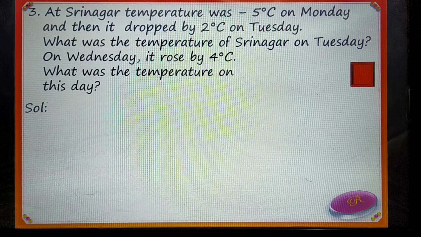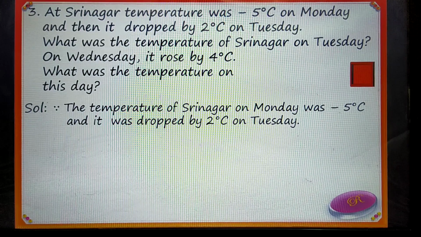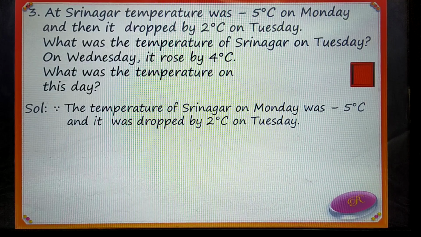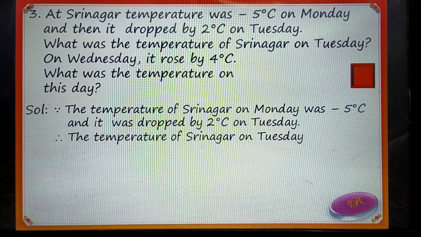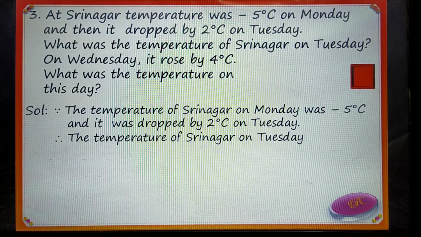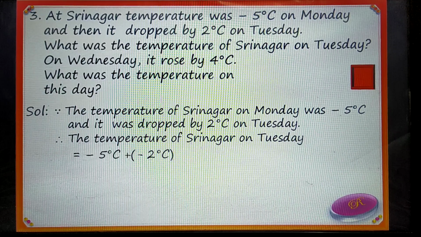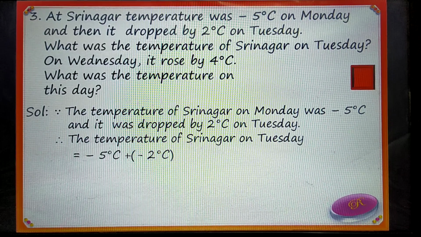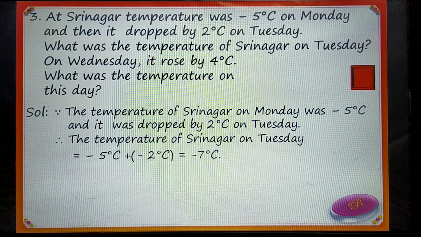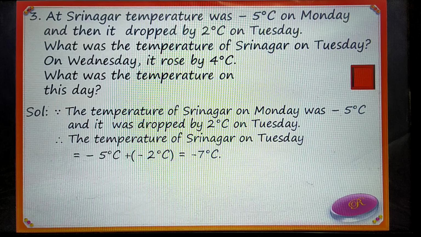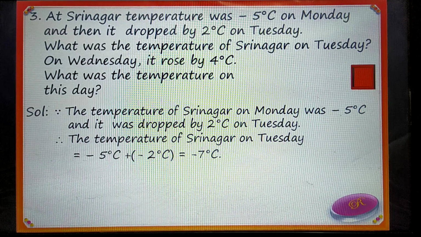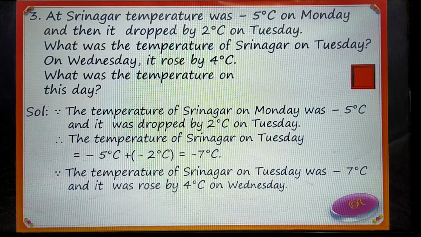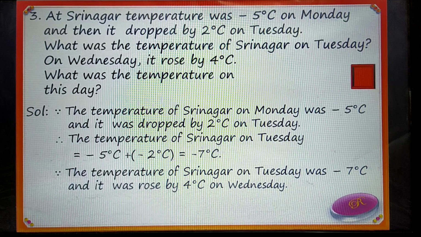Since the temperature of Srinagar on Monday was minus 5 degrees Celsius and it dropped by 2 degrees Celsius on Tuesday, therefore the temperature of Srinagar on Tuesday is equal to minus 7 degrees Celsius, and it rose by 4 degrees Celsius on Wednesday.